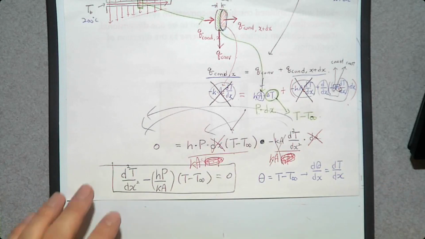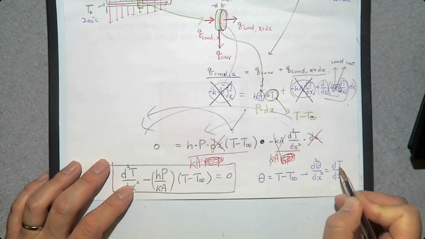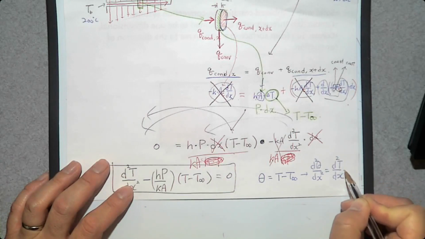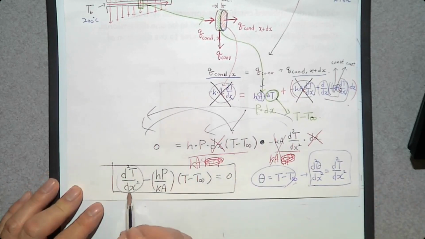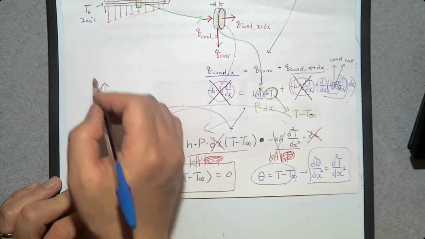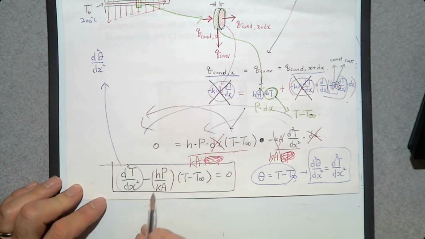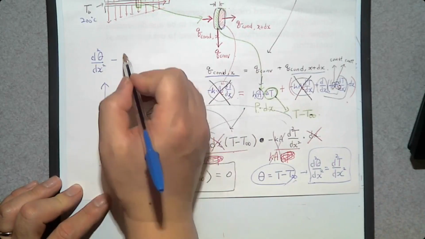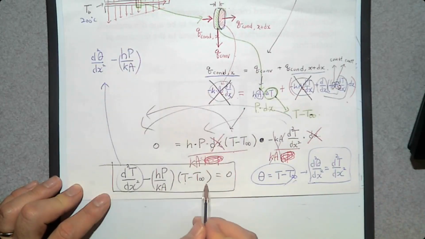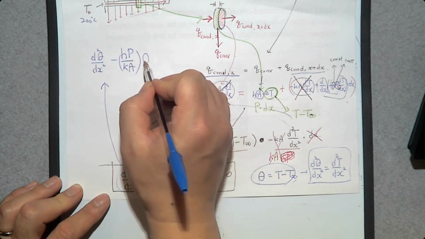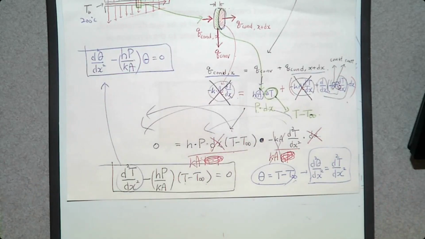Let's take another derivative with respect to x. d squared theta over dx squared equals d squared T over dx squared. So we can replace this one with d squared theta over dx squared minus hP over kA, and T minus T infinity is theta. Equals 0. Now, can you solve it? Yes, we can.